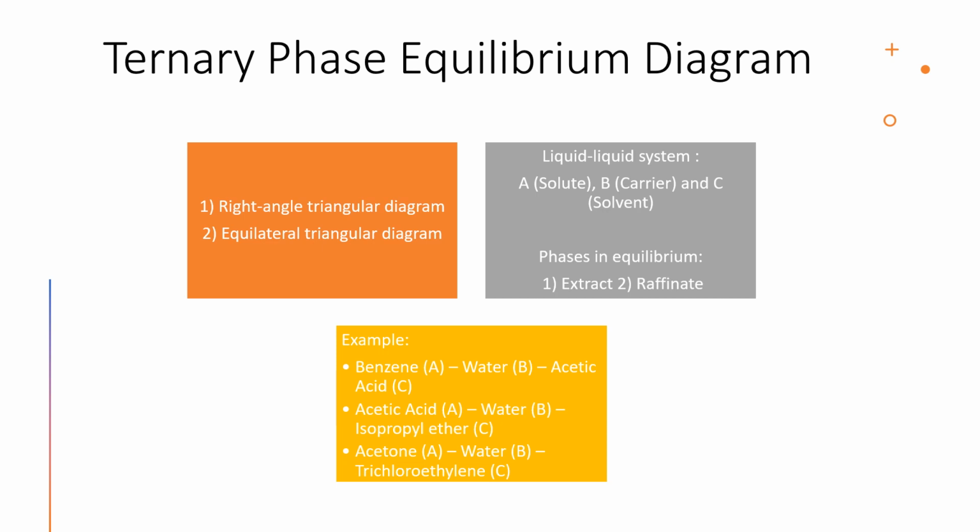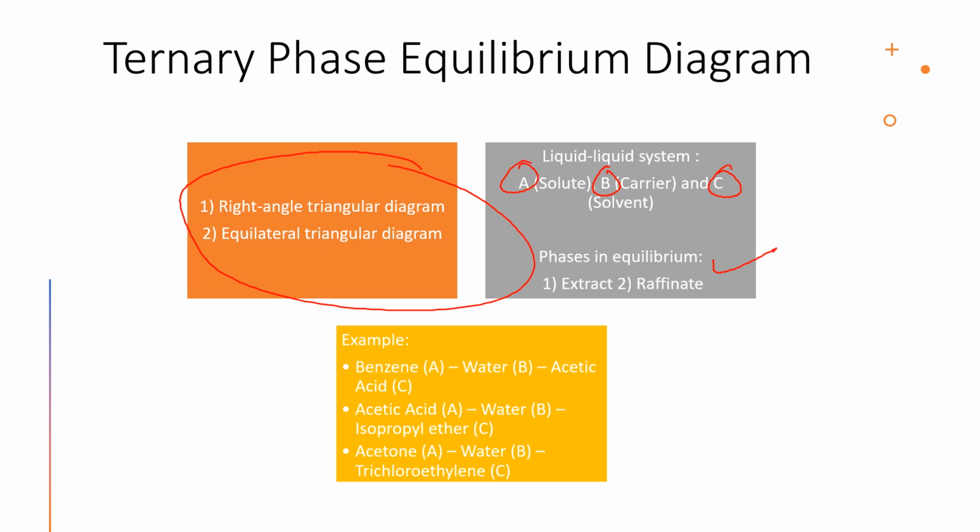Typical equilibrium relationships can be presented in a triangular diagram. There are two types of triangular diagram. The first one is called the right angle triangular diagram, and number two is the equilateral triangular diagram. A liquid-liquid system has three components: component A, the solute, component B as a carrier or diluent, and component C as a solvent.